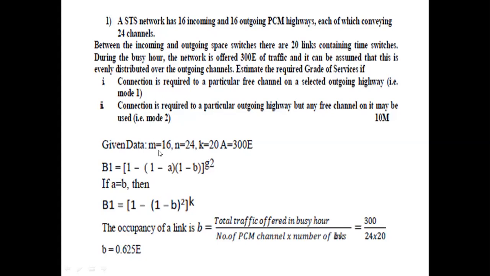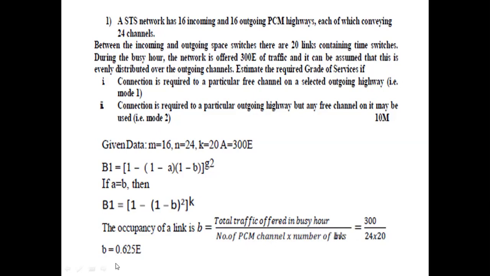These are the parameters: the number of incoming PCM highways is 16, the number of channels within each PCM is 24, the number of intermediate links is 20, and the traffic during the busy hour is 300 Erlang. You can use this equation for the grade of service under mode 1 for STS switches. The small b, which represents the blocking property or the occupancy of these intermediate links, is given by the total traffic offered, 300 Erlang, divided by the product of the number of PCM channels, in this case 24, times the number of intermediate links, in this case 20.